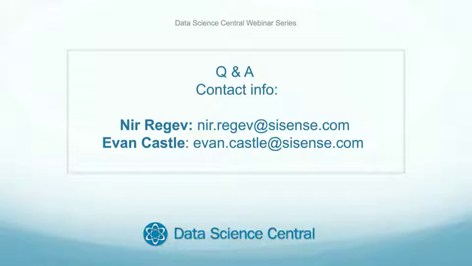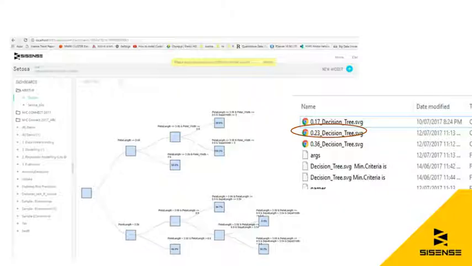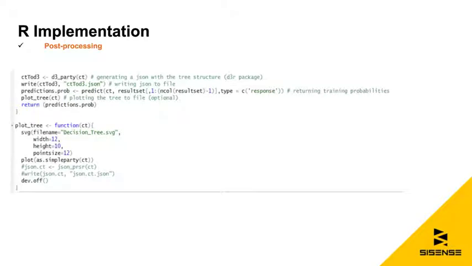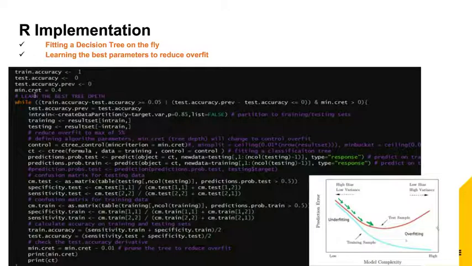In each iteration, trying to optimize the min criteria, I'm actually partitioning the data randomly, stressing on randomly, into training and testing. So actually, the training data set keeps changing from one iteration to another, causing a different tree to be created each time.